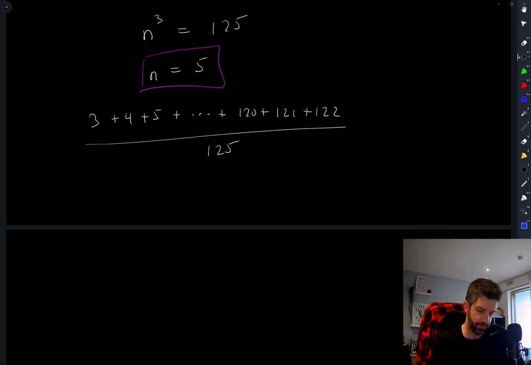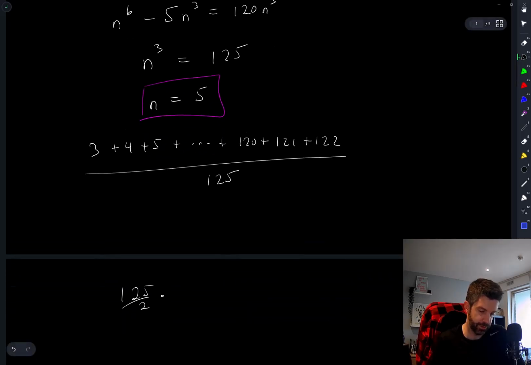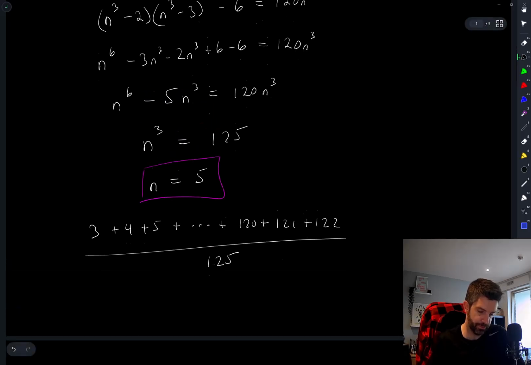Okay, well, it should be, right? How many terms are there here? The average size term is 125 over 2.